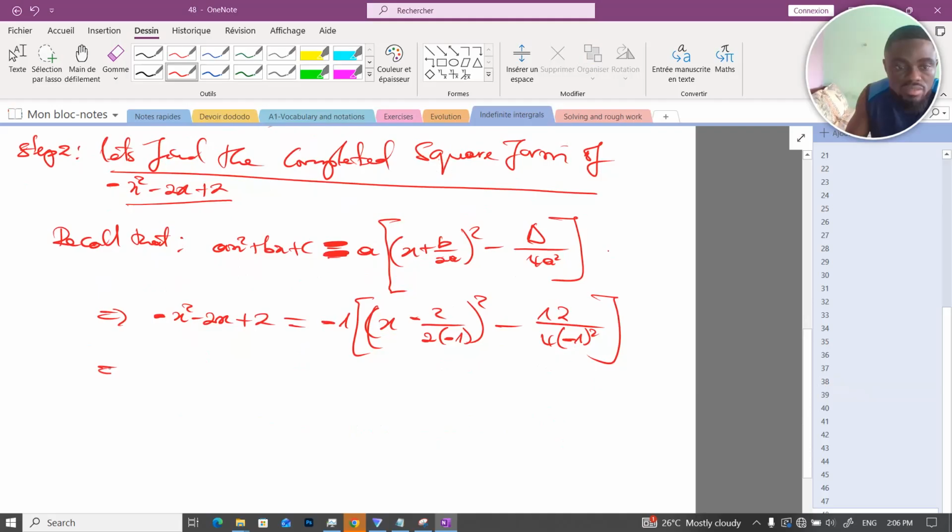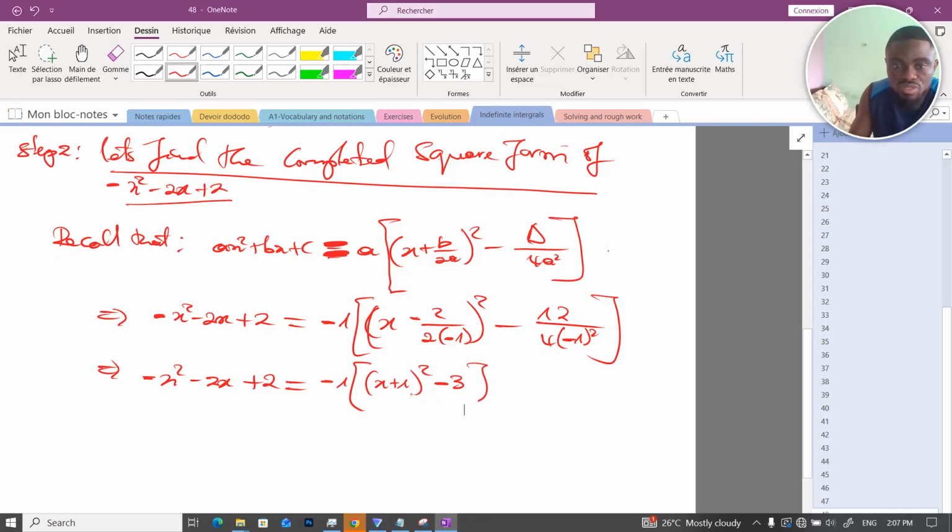So this implies our minus x squared minus 2x plus 2 will be equal to what? This minus 2 divided by this minus 2 makes plus 1. You understand? So I'll have minus 1 into x plus 1, all that squared, minus, this 12 divided by this 4 gives 3.